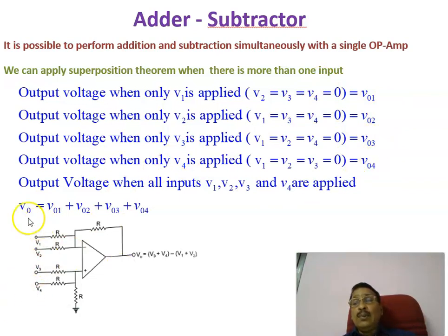When all the inputs V1, V2, V3, V4 are applied, the corresponding output voltage V0 is given by the sum V01 plus V02 plus V03 plus V04. That is the superposition theorem. In that way you can find the summation of all these signals using the superposition theorem.